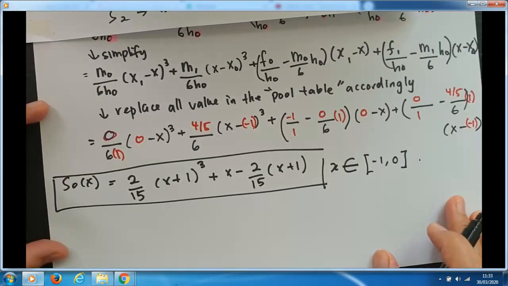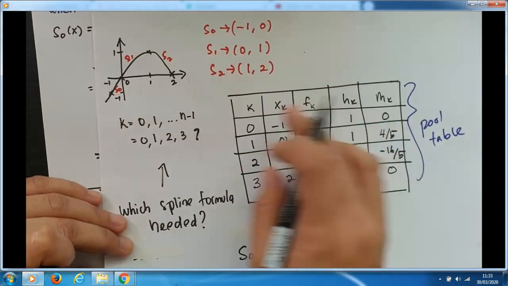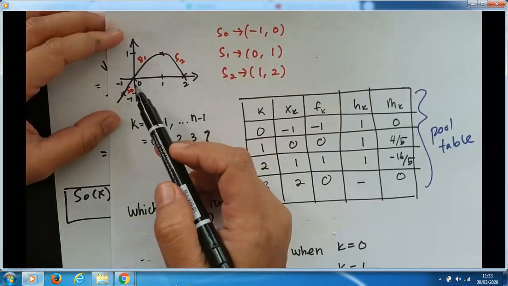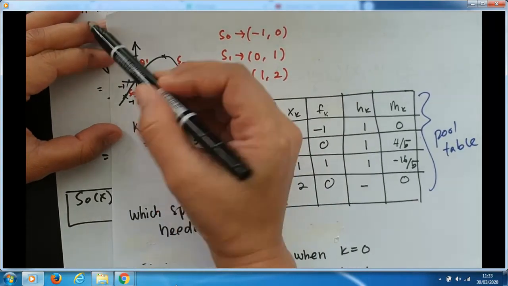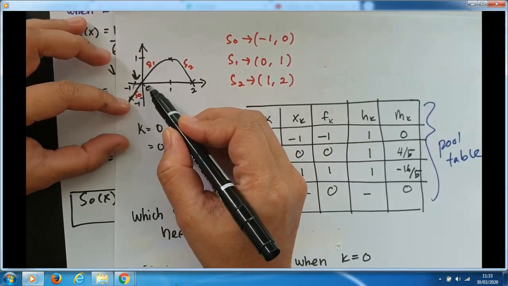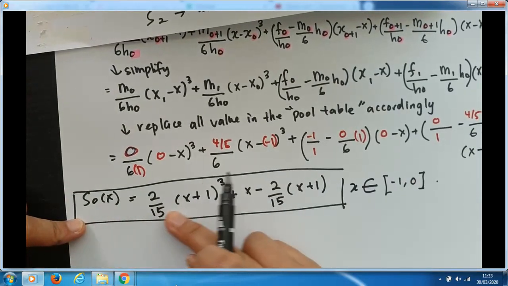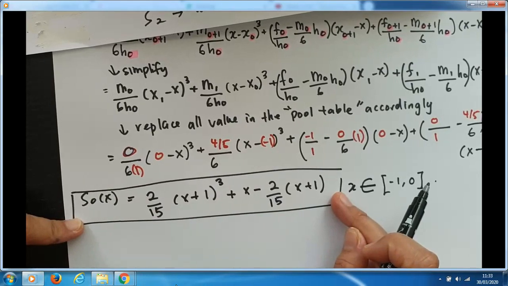Let's say in the question it says find the f(x) value for negative 0.5. Negative 0.5 sits here, between the interval -1 and 0. So you will use S0, spline 0, to get its y value.